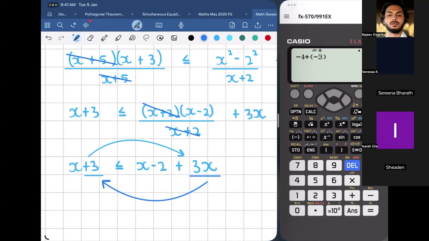See anything else that shouldn't be on your right hand side? So you say to move across 3x, but there's something else you should move across. You're not seeing it? No. Look at it.